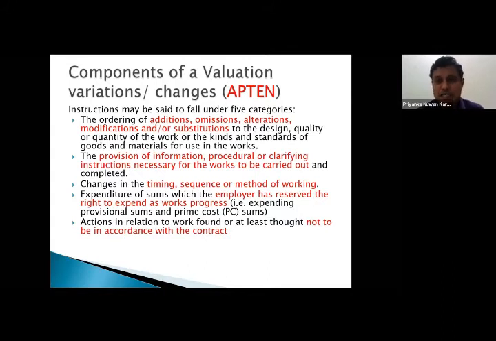It is not necessary for the completion of the works, but it is a supplementary work which is required to be done in accordance with the law of the country, right? So these are the 5 types of variations or changes which are applicable to a valuation. It has a very comprehensive list which you need to follow when you are doing a valuation.